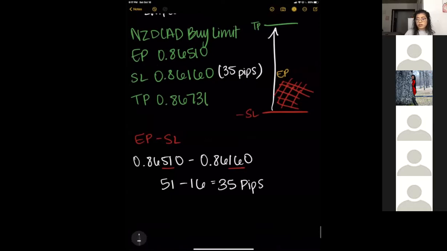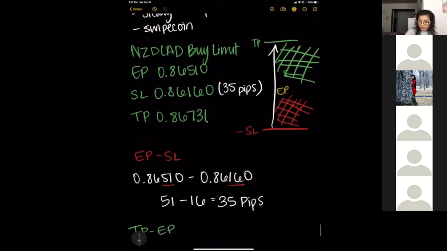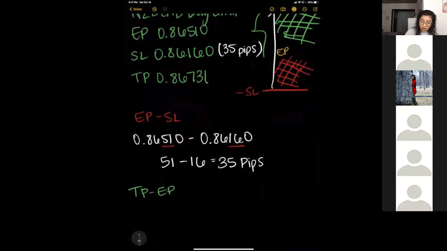All right, and then now we're gonna calculate our reward real quick. So for reward, we're going to do take profit minus entry price. All right. We're doing this. Okay. So because I already saw, I know it's the third and fourth number after the decimal.